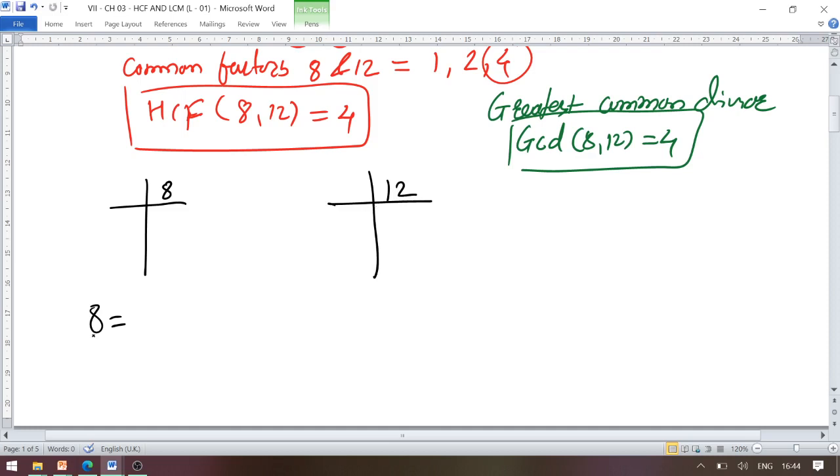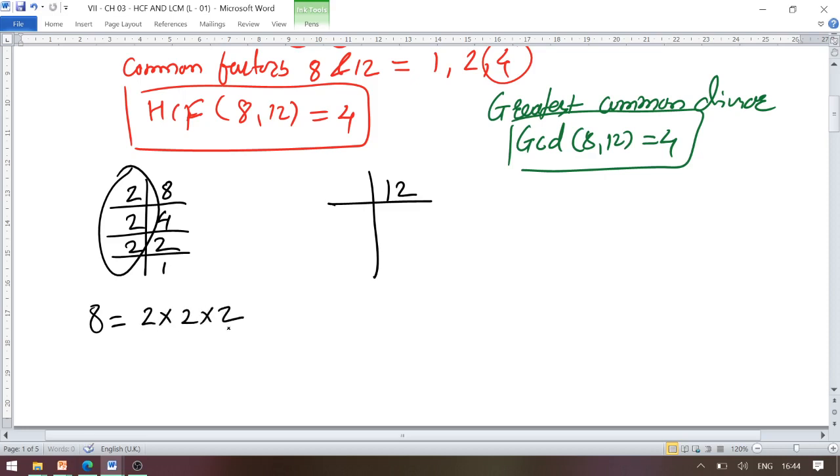To express 8, we need the prime divisors of 8, found by vertical division. 2 4s are 8, 2 2s are 4, and at last 2 1s are 2. The prime divisors of 8 are 2, 2 and 2.